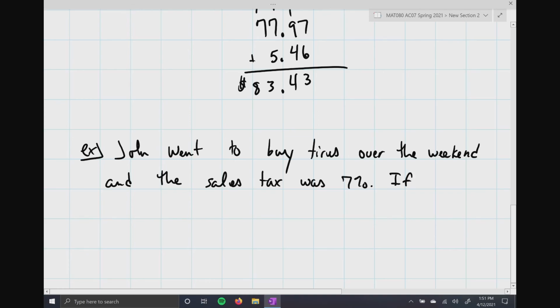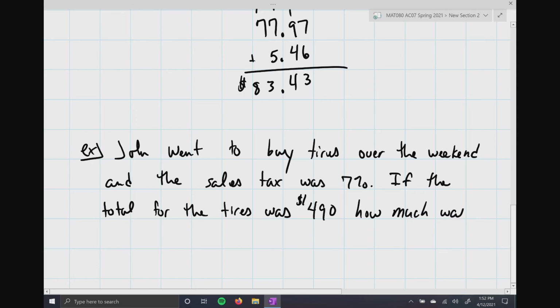If the total for the tires was $490, how much was one tire? It's a really good question.